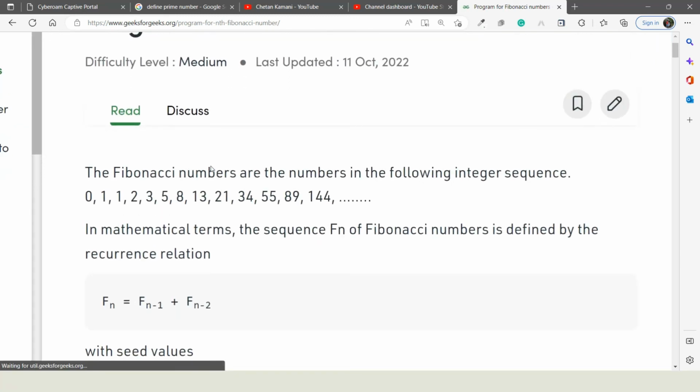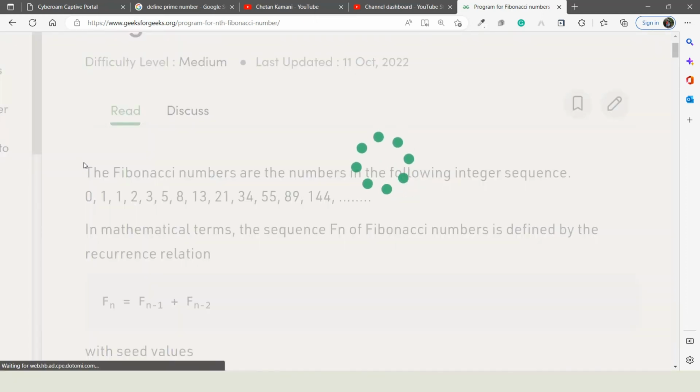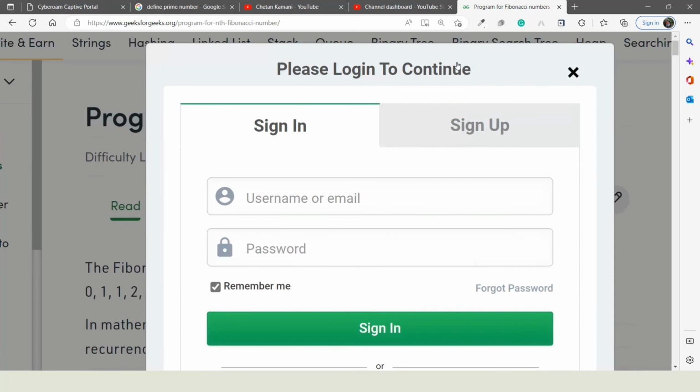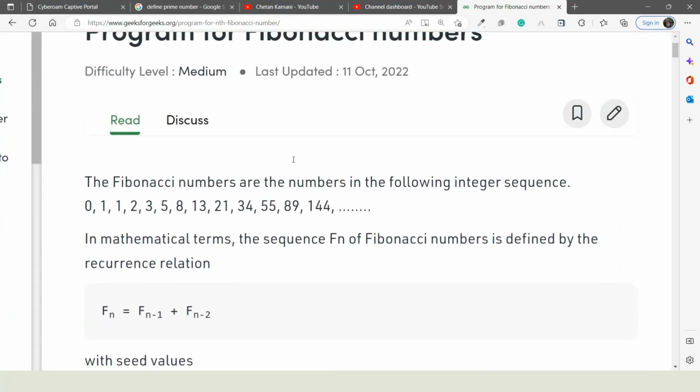The Fibonacci numbers are the numbers in the following integer sequence: 0, 1, 1, 2, 3, 5, 8, 13, 21, 34, 55, 89, 144.